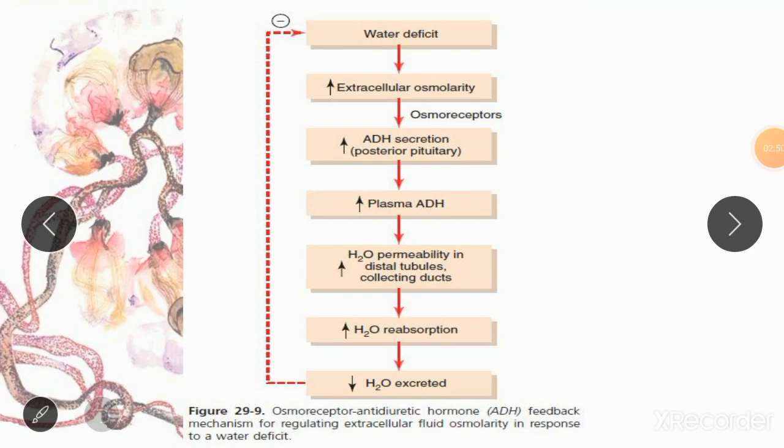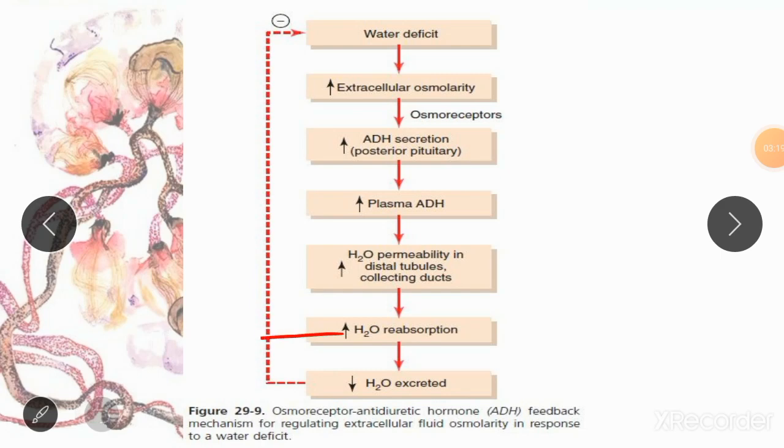So whenever there is water deficit, the extracellular fluid osmolarity increases, which is detected by the osmoreceptors. They send signals to the supraoptic nucleus, and the secretion of ADH is increased. Whenever there is increased ADH secretion in the blood, the water permeability from the distal convoluted tubules increases. Water is reabsorbed in large quantities, and very little water is excreted in the urine.